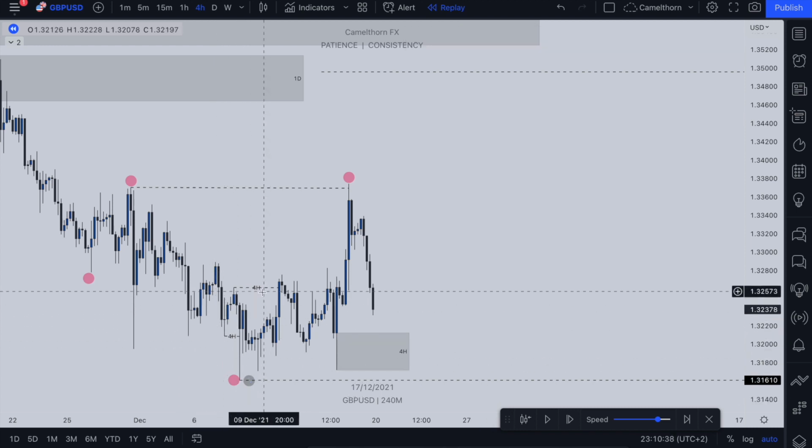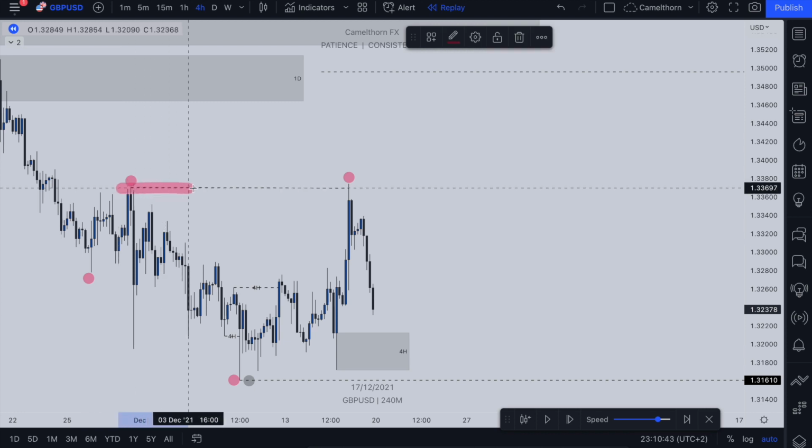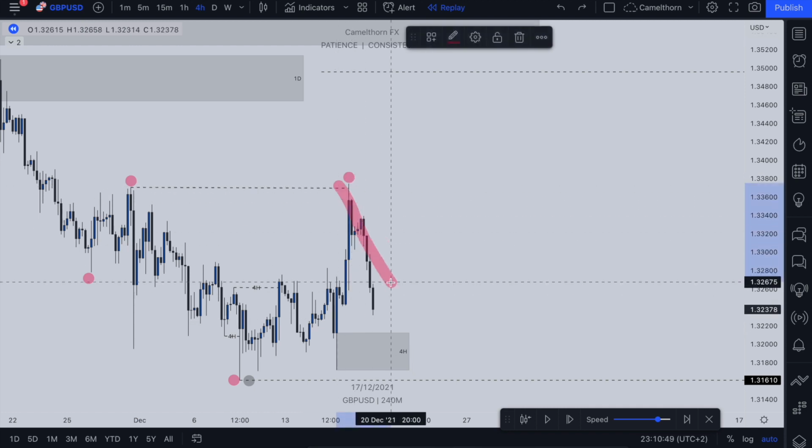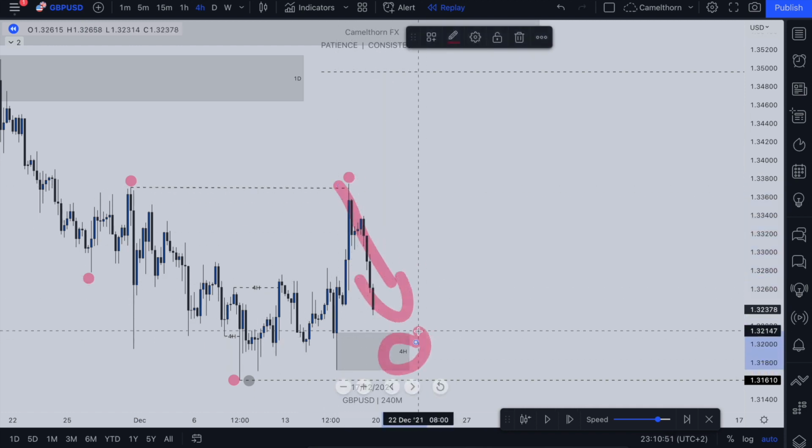And after that change of character has occurred, we have just seen a previous external structure high on the 4-hour. We have just seen that wick, and now price action is pulling down towards a potential 4-hour demand zone.